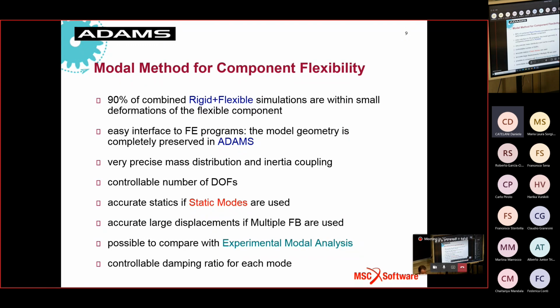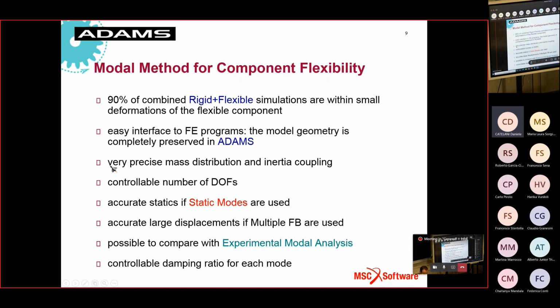This was very important because nobody could accept changing his way of working only for creating a flexible body for Adams. So we asked only that the finite element user print the output also in the file for Adams. This was the only request we made. So the interface is very easy.